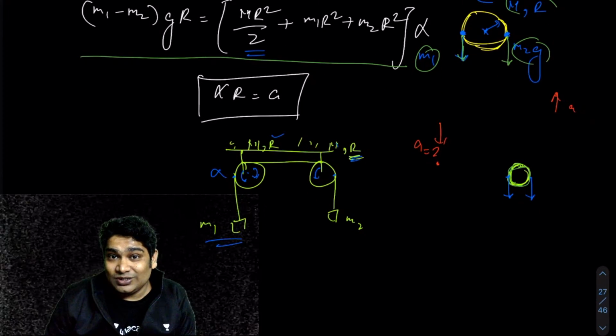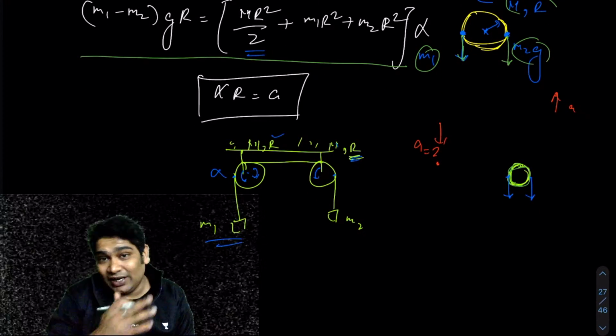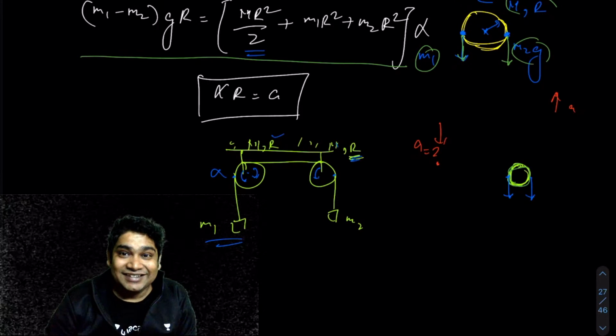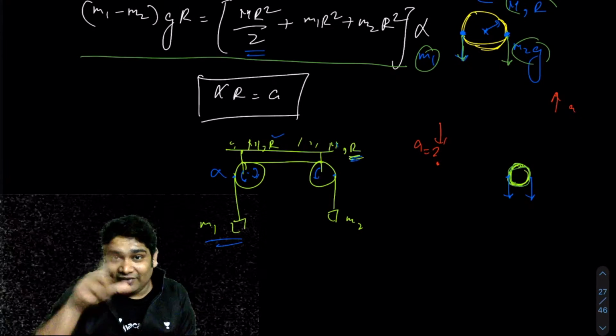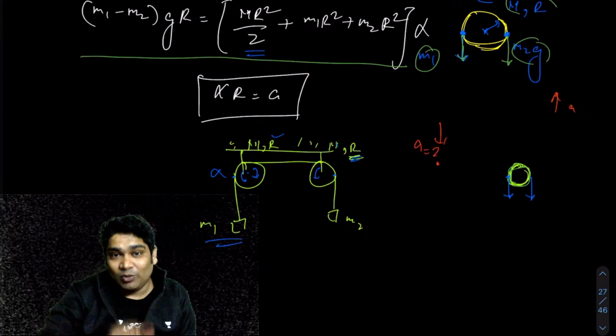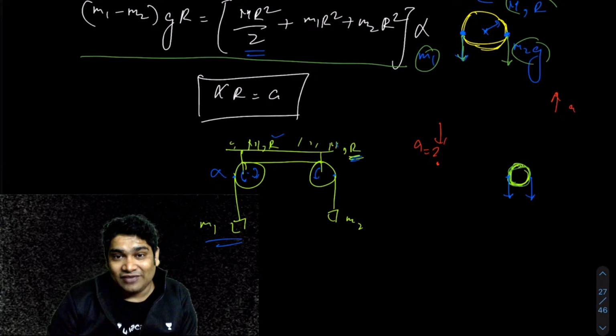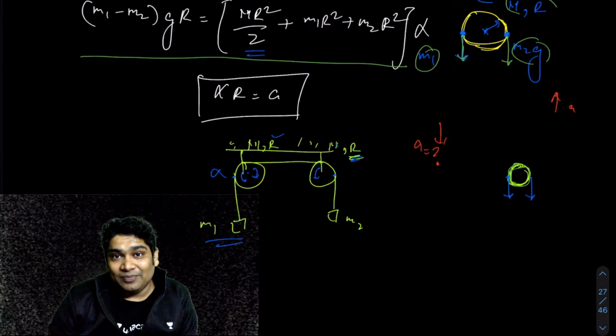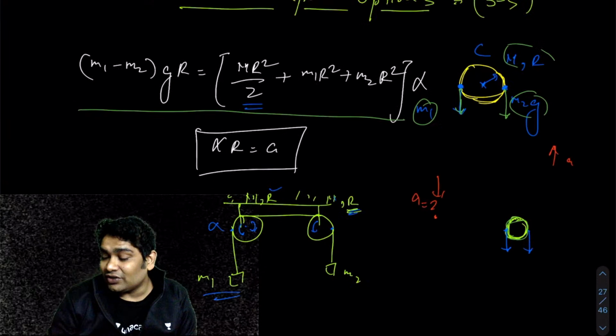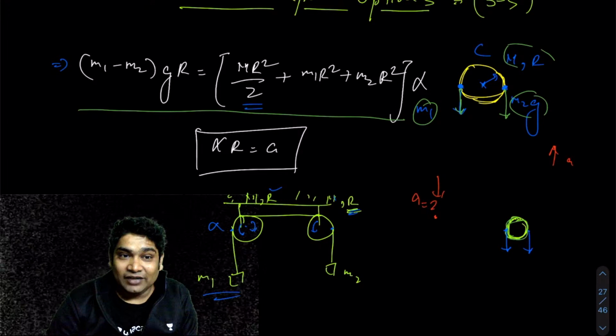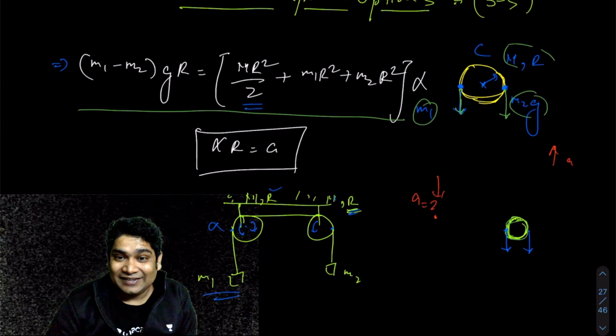So this trick works as long as you have multiple pulleys attached to multiple masses with the same radii, so that every pulley has the same alpha, and every point mass, if you attach it to the pulley, has the same alpha. As long as things have the same alpha, you can apply this single equation of torque relating alpha.